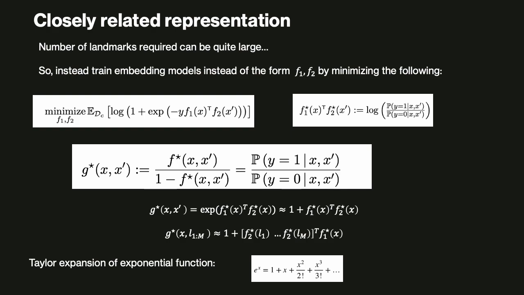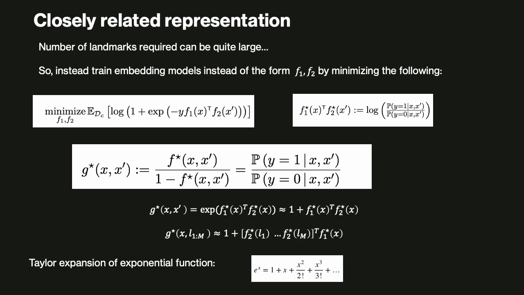So instead, what the authors chose to do was to train embedding models of the form f1, f2 by minimizing the following. Here we see that the product of f1 and f2 is the log of the fraction where in the numerator we have the similarity, and in the bottom we have the probability that they're dissimilar. And as you can see from the G star, the original text embedding is actually an exponential function of this product.